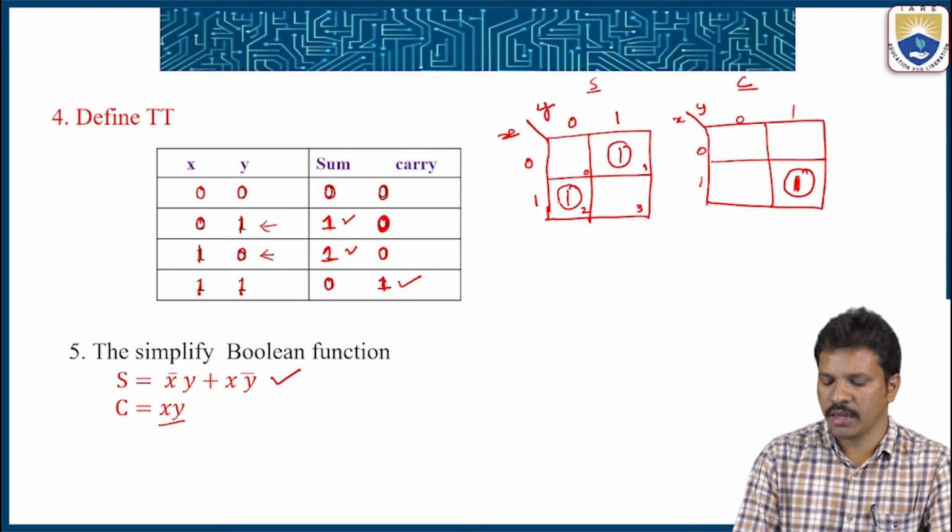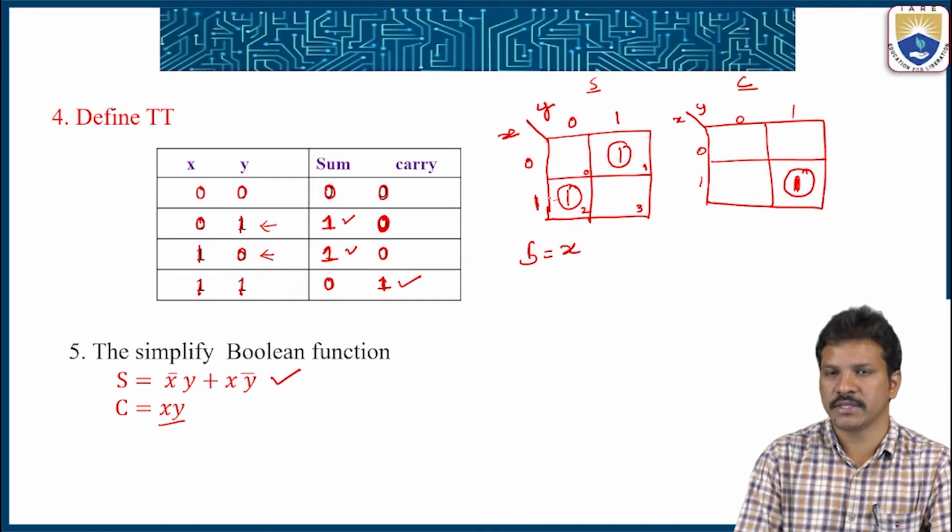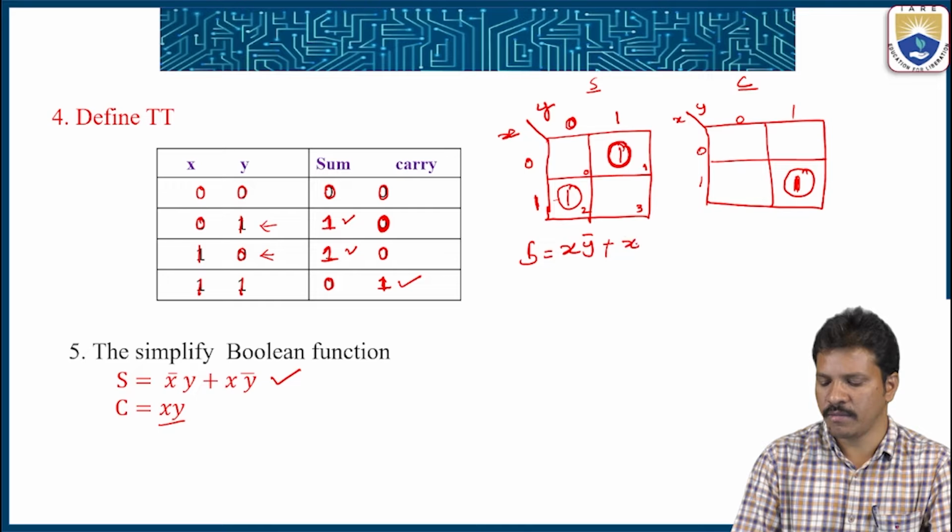How can we write it? Horizontally, which row is it? The second row, where 1 means x. So sum is equal to, horizontally x because of x under 1, then vertically 0, so x y bar. And for the other circle in the minimized function, the x equal 0 row gives x bar, and y equal 1 gives y.